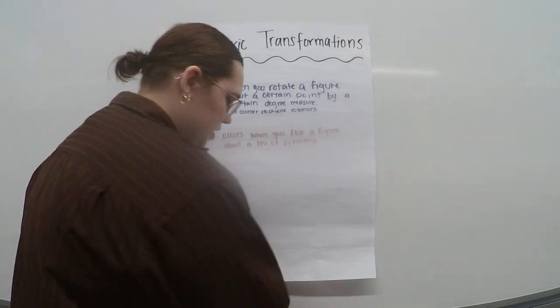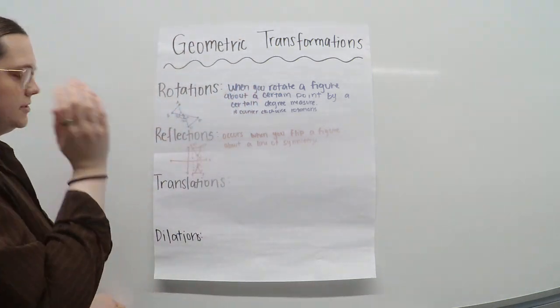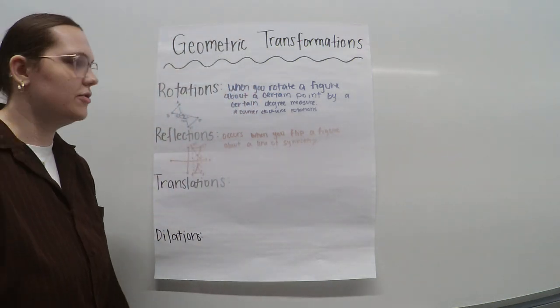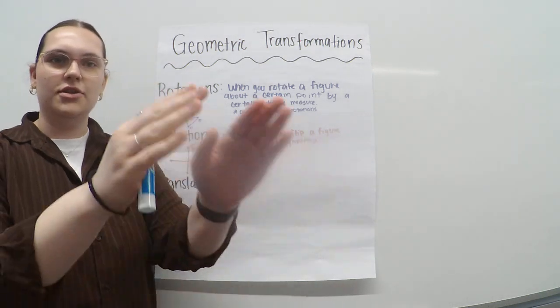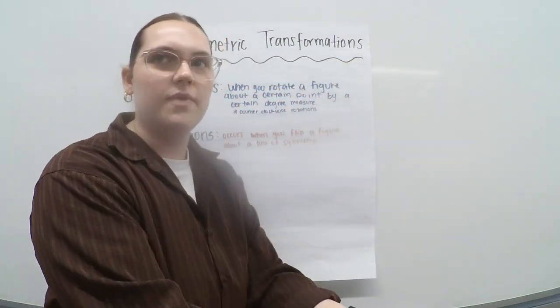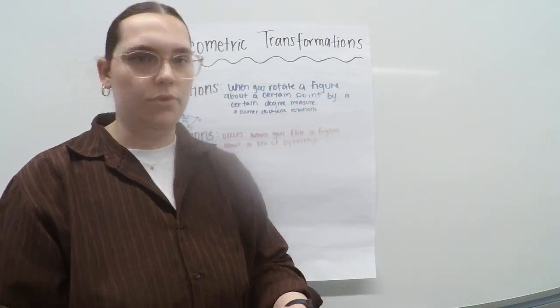Our next geometric transformation is our friend, a translation. So a translation is like, if you've ever played the game Tetris, you're literally just moving this shape to the left or to the right or some kind of vector movement.